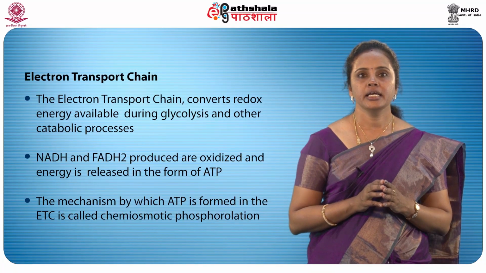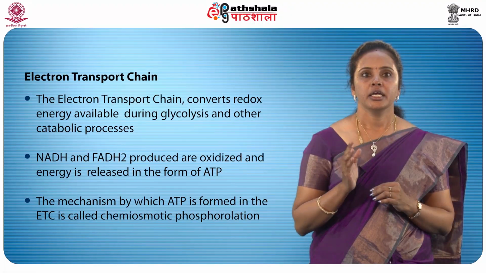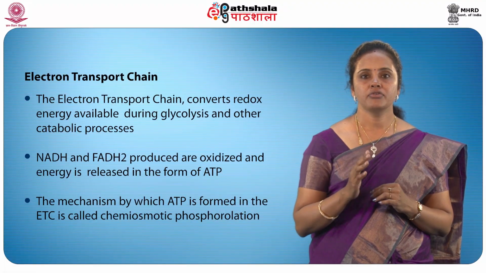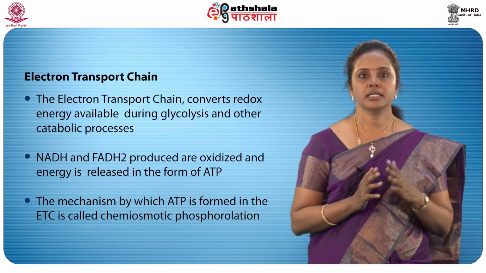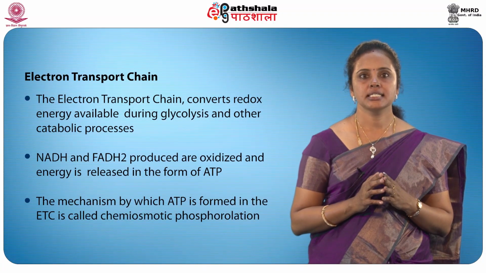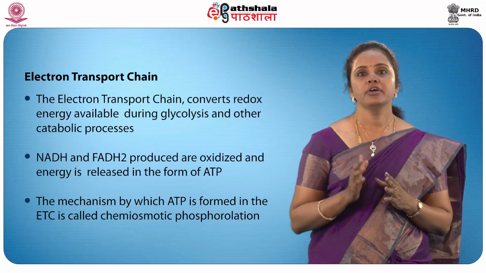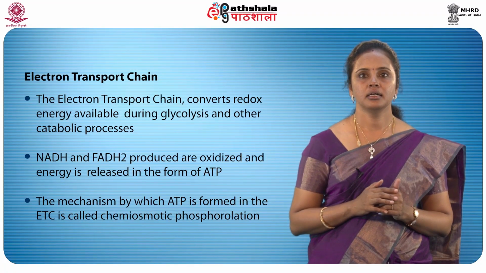The 10 NADH that enter the electron transport originate from each of the earlier processes of respiration. 2 from glycolysis, 2 from transformation of pyruvate to acetyl-CoA and 6 from citric acid cycle. The 2 FADH2 are created in the citric acid cycle.